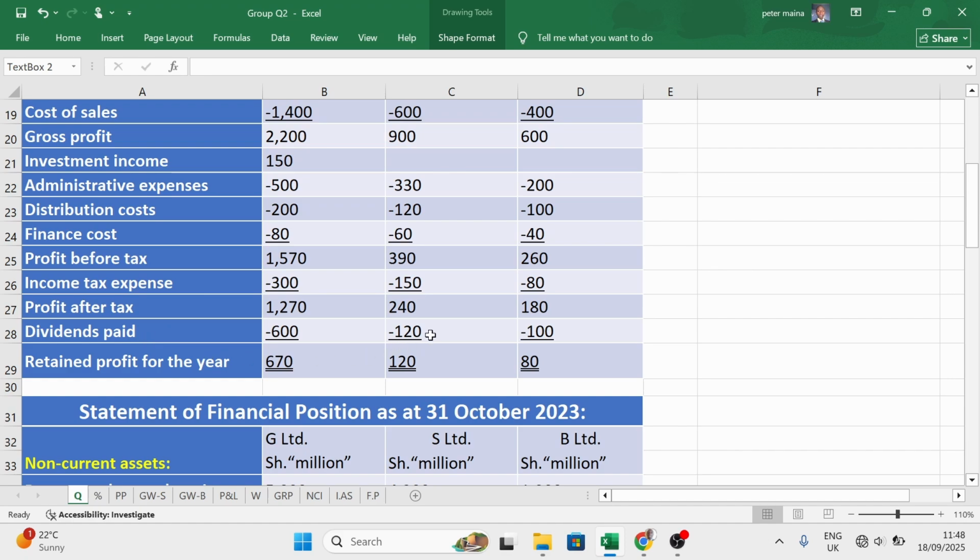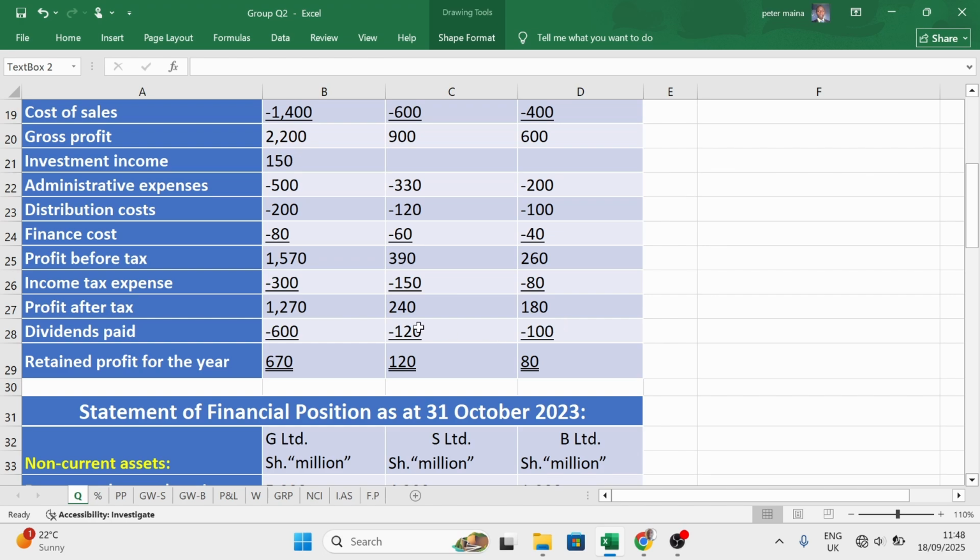S Limited paid a dividend of 120. That dividend, 80% of it would go to G Limited, 20% to the minority. Similarly, the other company, associate B Limited, paid a dividend of 100. 30% would be received by G Limited and 70% by the other investors.